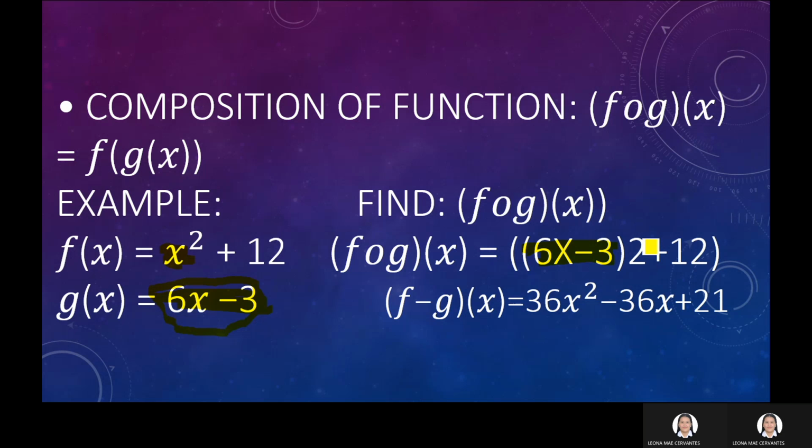So this is squared. Okay, sorry. Plus 12. Then we have 36x squared minus 36x plus 21. Okay?